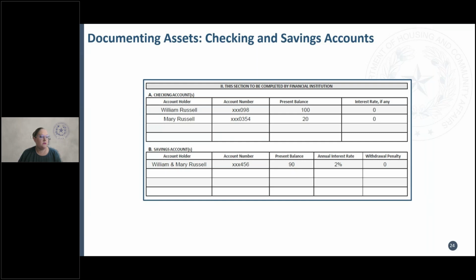If you're not sure what non-necessary means, then you're going to want to go back and watch those asset webinars because we go into detail about what necessary assets are and what non-necessary assets are. All right, I'm seeing lots of thumbs up, so we're going to launch this poll. What is the total non-necessary personal property for the household?